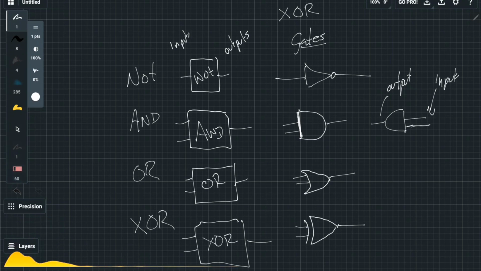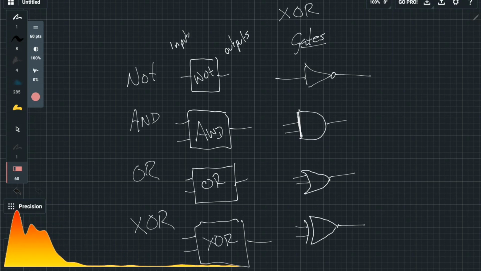So let me erase that little thing here. And what this allows you to do is to start drawing diagrams with these things connected up to each other and do some pretty cool things, as it turns out.